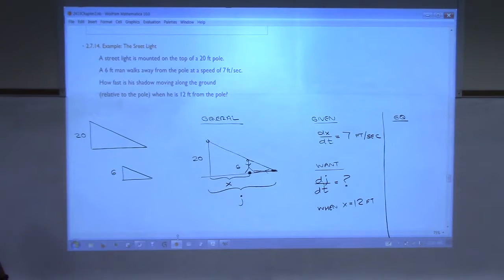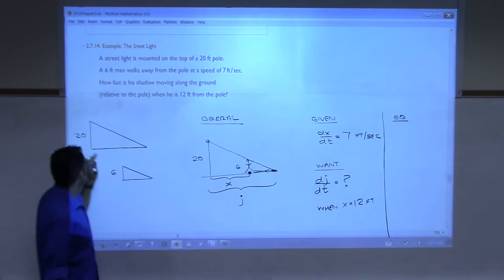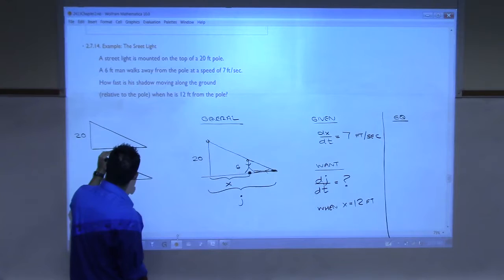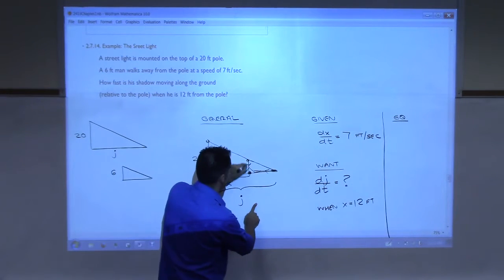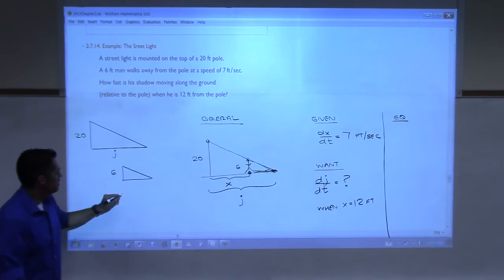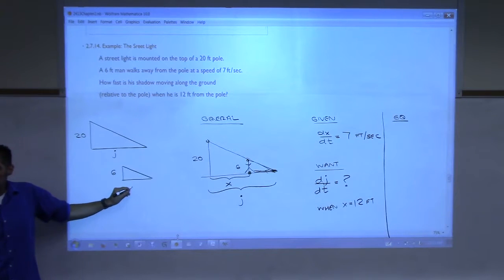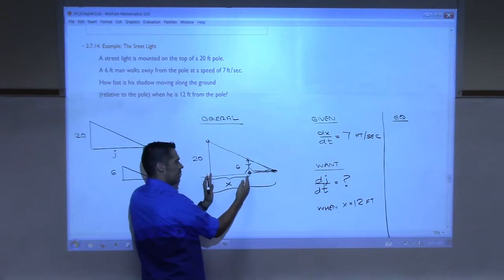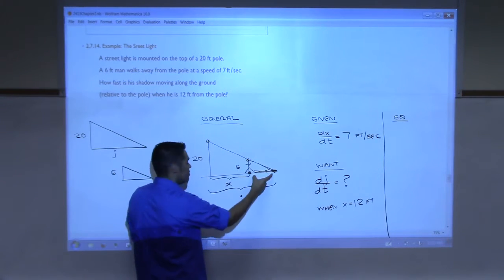Let's see. What is the big triangle, this outside one? I can put 20 here, and then I can put what? J. And then what would the small triangle be, which would be the man right here and his shadow, 6 and J minus x. Wouldn't it be? This is J. This is x, so that is J minus x.